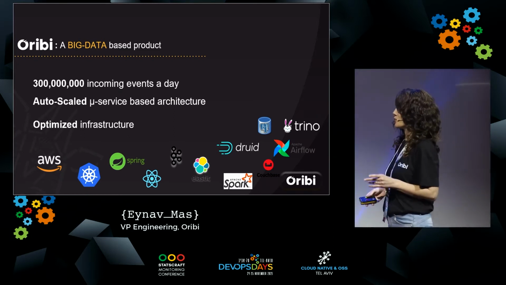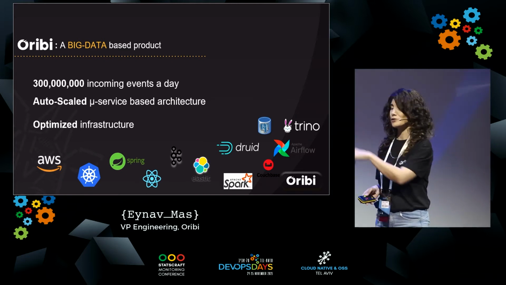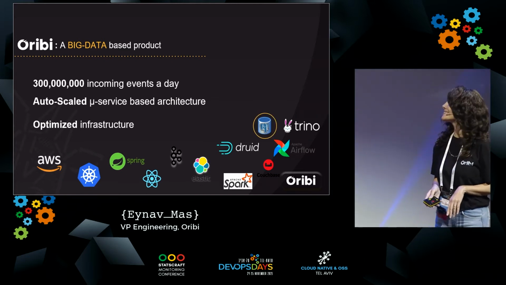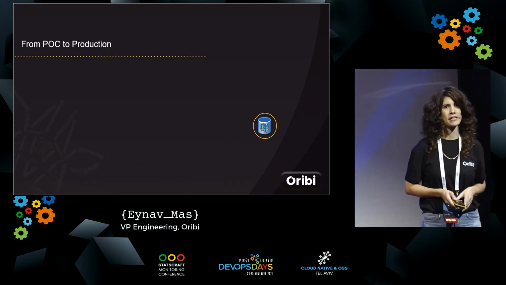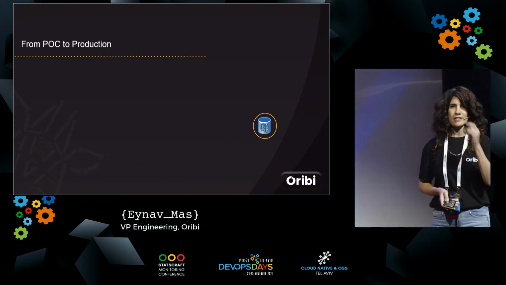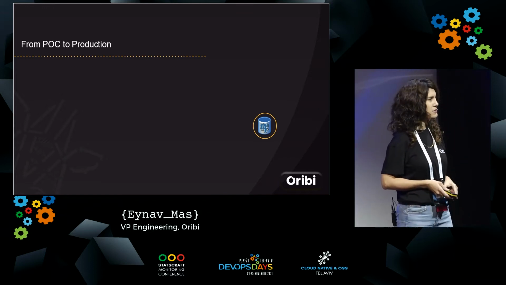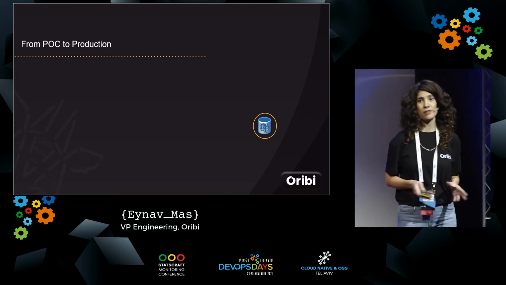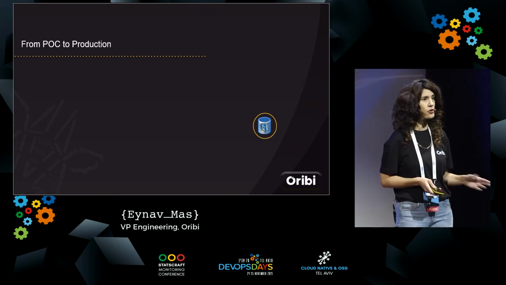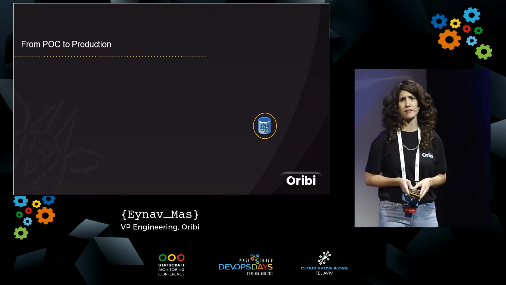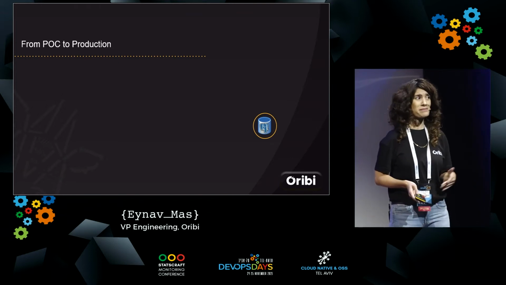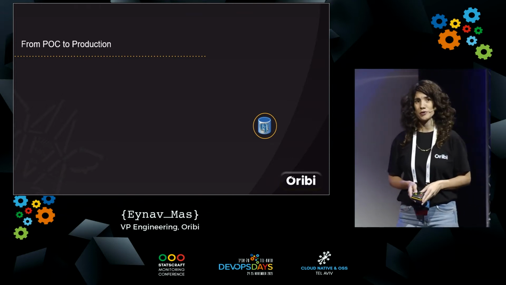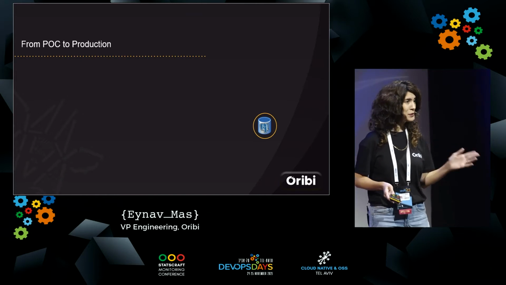I want to focus on one specific solution that you can see here, this tiny elephant, Postgres, if you are familiar with. Postgres is an RDBMS data solution that is a great one, by the way, for several specific use cases. At Oribi, a few years ago, it was used for, surprise, a POC.